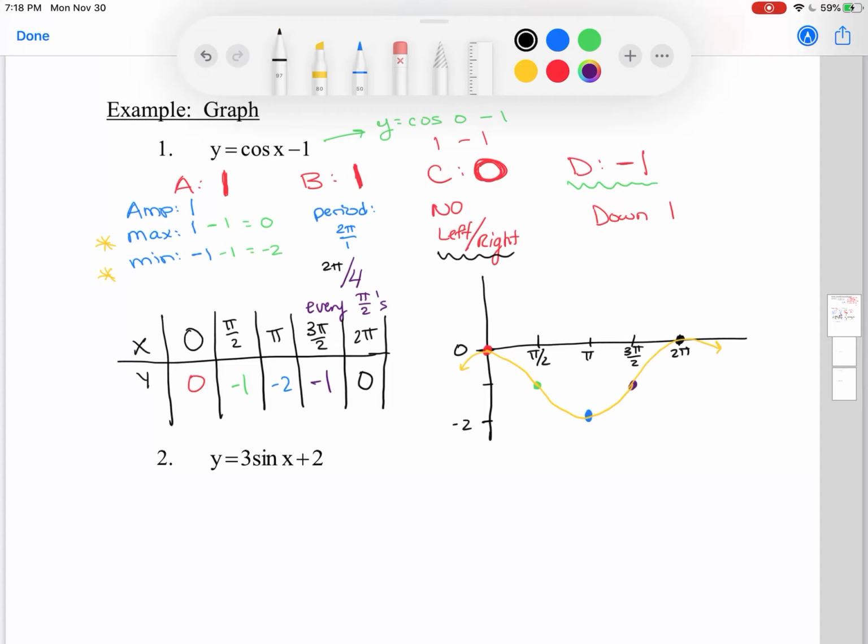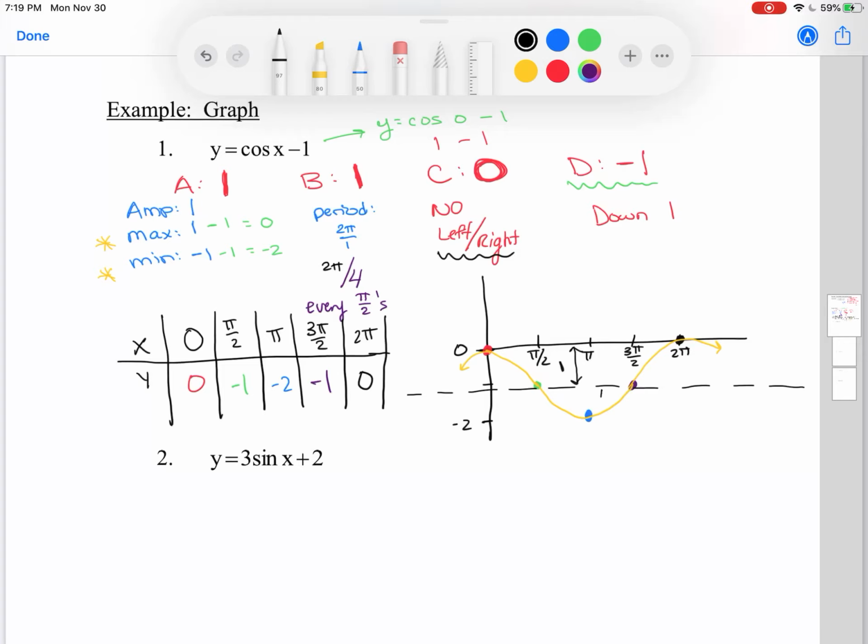Now, if you're getting stuck thinking, well, my amplitude was 1 and I don't see a 1, remember, your amplitude is the distance from the middle of the graph. If I go from the middle to the top, my max, I do actually have a distance of 1.